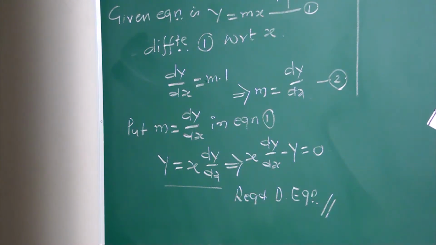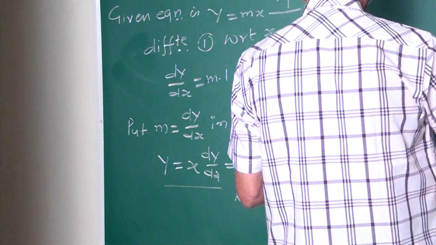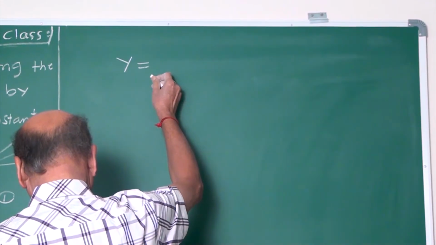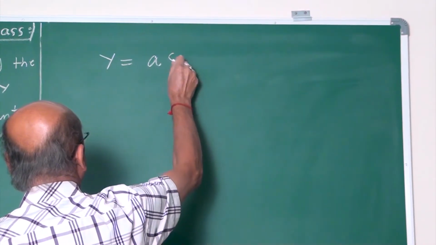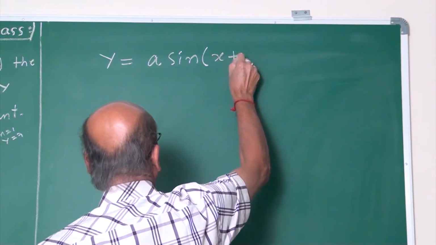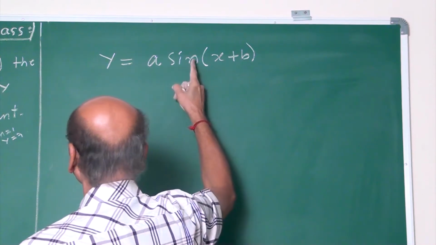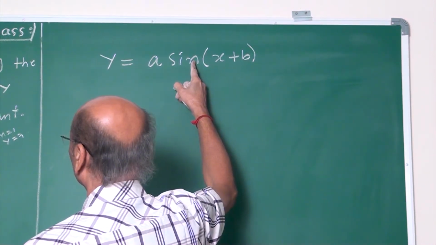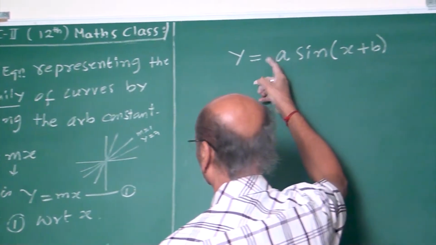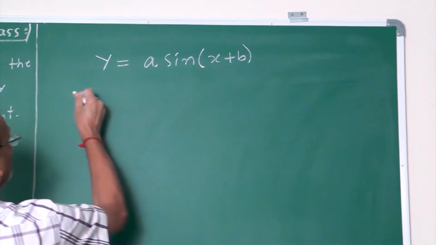Yes, friends. Second one. This is y equal to a into sin(x plus b). Same title: form a differential equation representing the given family of curves by this equation. What is the given equation?